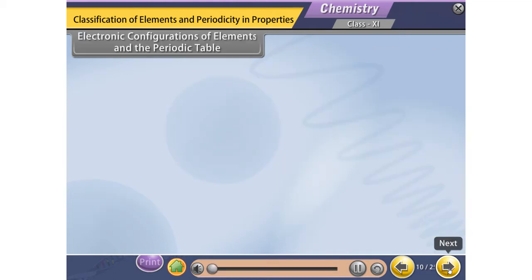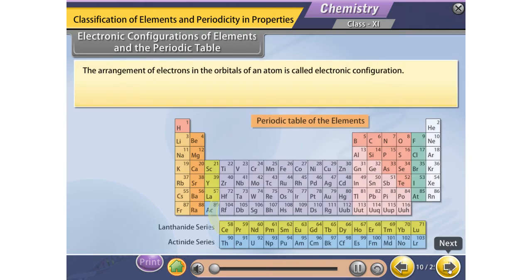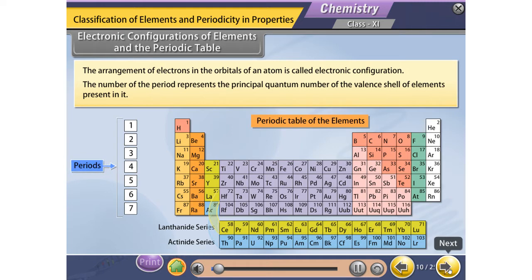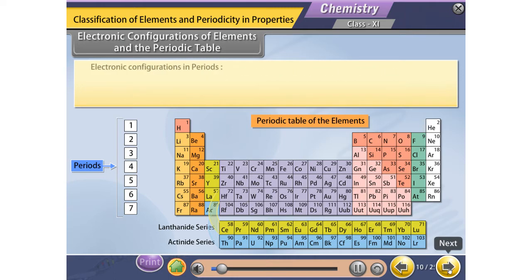Electronic configurations of elements and the periodic table. The arrangement of electrons in the orbitals of an atom is called electronic configuration. The number of the period represents the principal quantum number of the valency shell of elements present in it. Electronic configurations in periods.